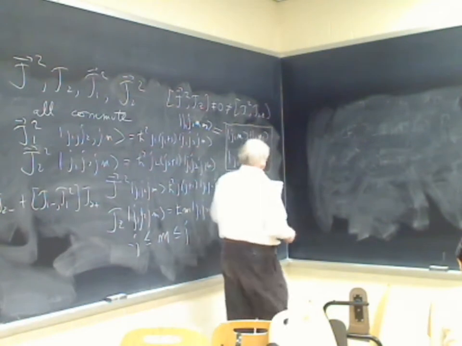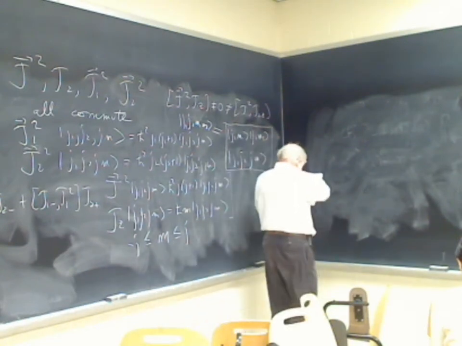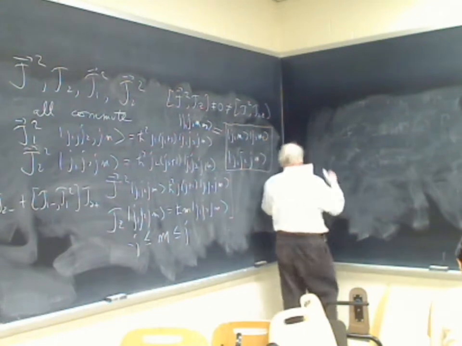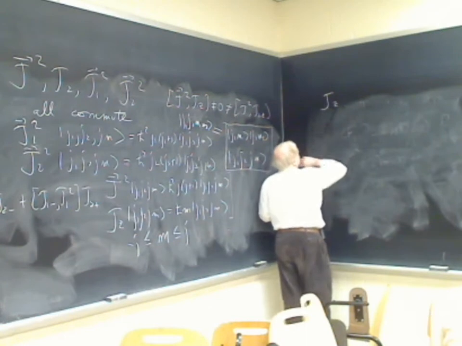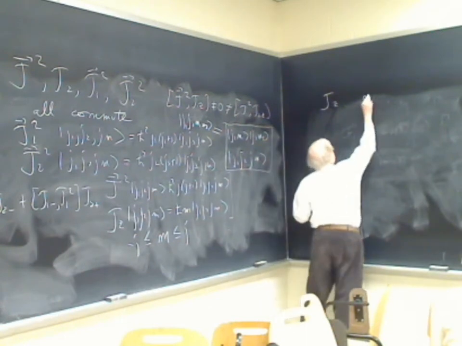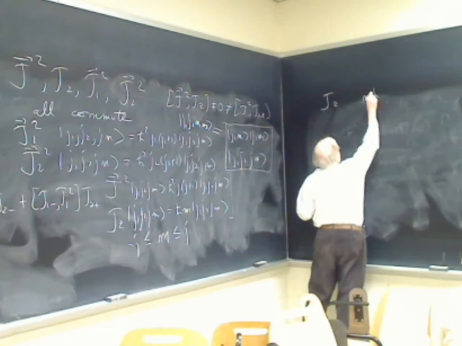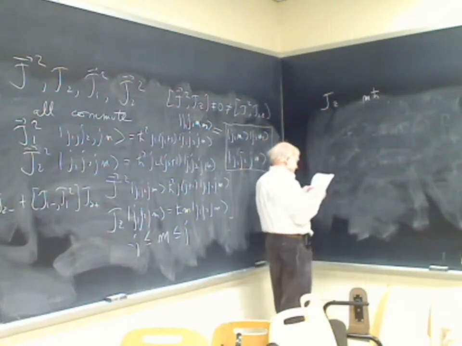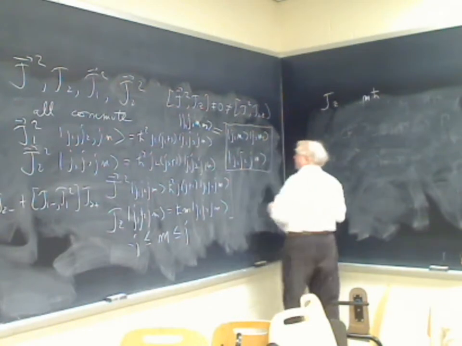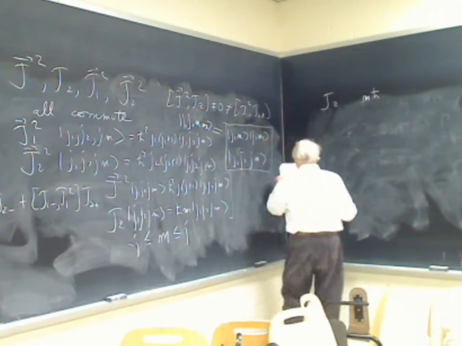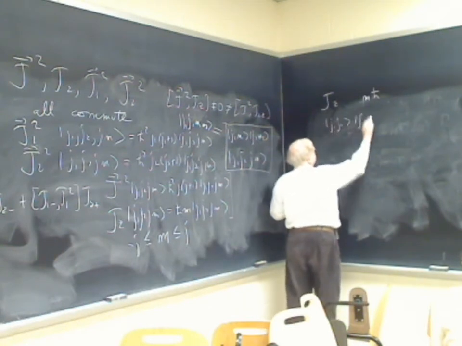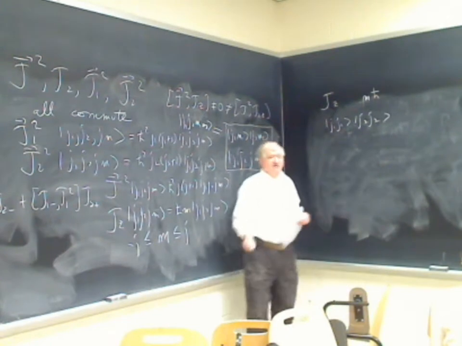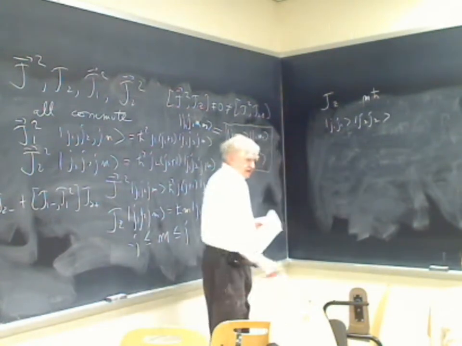Okay, well, let's look at what state has the highest eigenvalue of Jz, mħ. What would the state be? Well, in the first basis, it would clearly be the state |j1, j1, j2, j2⟩. In other words, you'd have the maximum spin up.